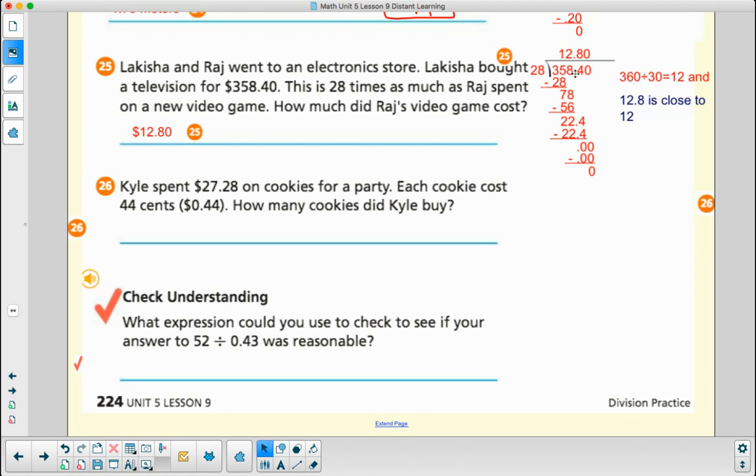So I made it 360, because 36 divided by 3 is 12. 360 divided by 30 is also 12. And my 12 and 8/10 is very close to 12. So yes, my answer is reasonable. 26.